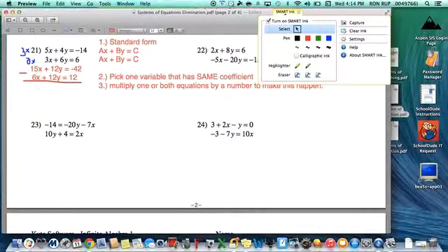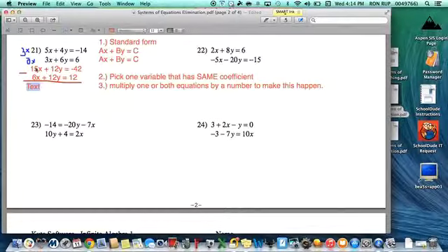And so when we do this, 15 minus 6 gives me 9x. 12 minus 12 is 0y, so my y's effectively have canceled out, equals, now you've got to be careful here, negative 42 minus 12 is going to give me a bigger negative number, negative 54. It'd be the same thing as saying negative 42 plus negative 12. So I get negative 54.